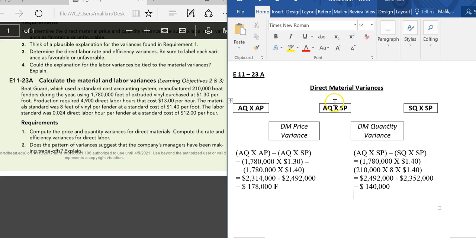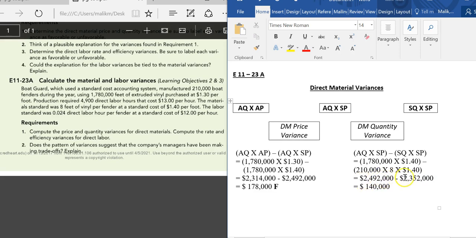So the first box is based on the actual quantity and the second box is both standard. So that means the first part is our somewhat actual information and the second box is all standard. Now, based on the actual quantity, you see that the actual part is actually higher than the standard part.